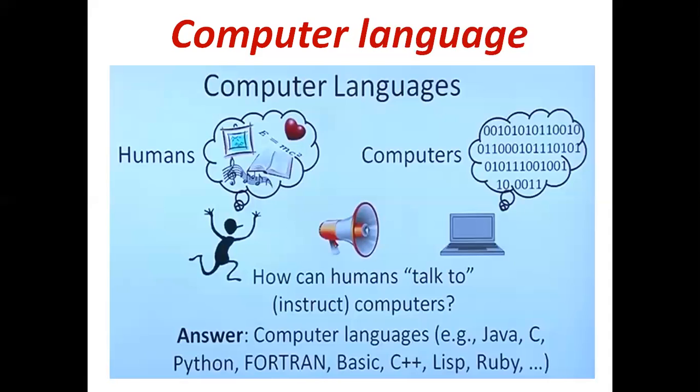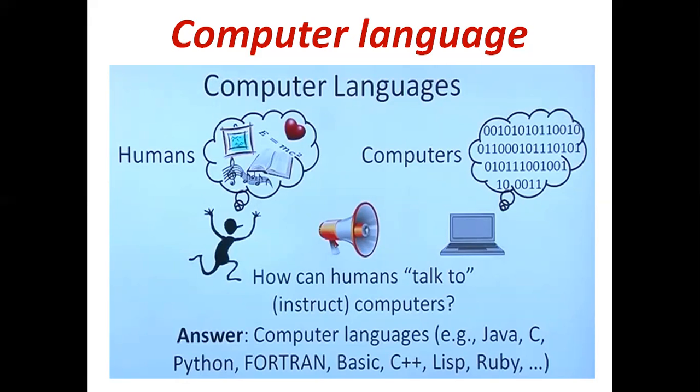Then we are going to see about computer language. What is meant by computer language? A language is nothing but how we communicate with each other. Likewise, the human is going to communicate with the computer, right?